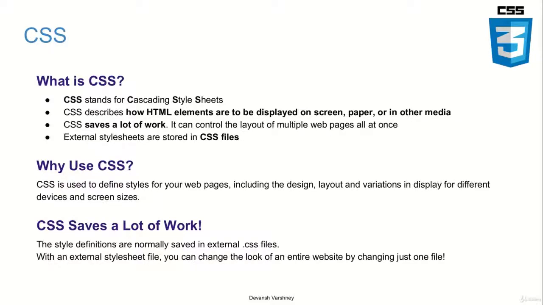Using CSS, we can control the color of the text, the style of fonts, the spacing between paragraphs, how columns are sized and laid out, what background images or colors are used, layout designs, variation in display for different devices and screen sizes, as well as a variety of other effects.